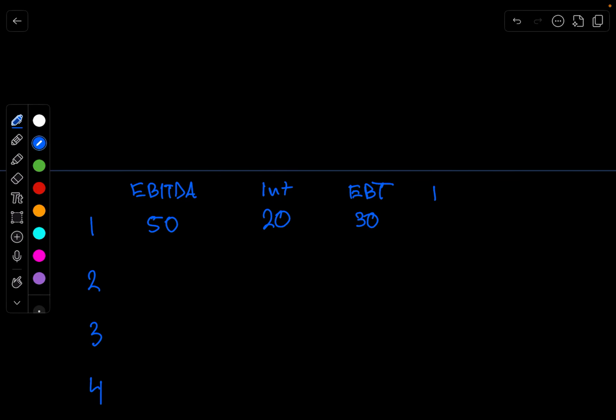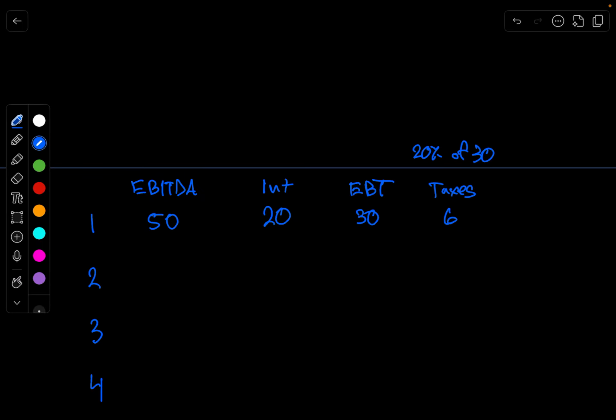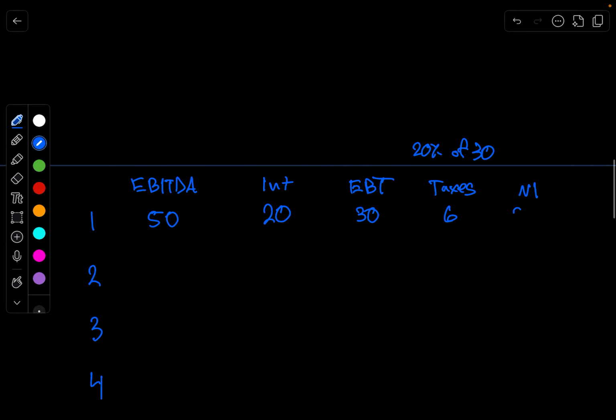Now we calculate out our taxes. Well, our taxes are going to be 20%, right? So 20% of 30, that is 6, meaning that our net income, which in paper LBOs you can assume is equivalent to your free cash flow, is going to be $24, right?